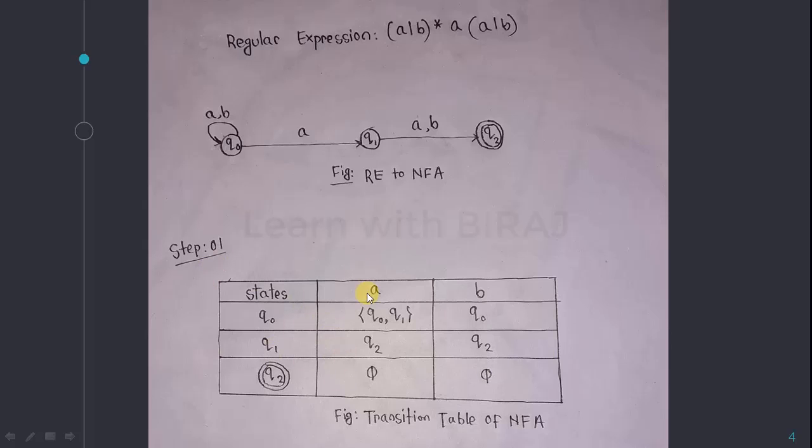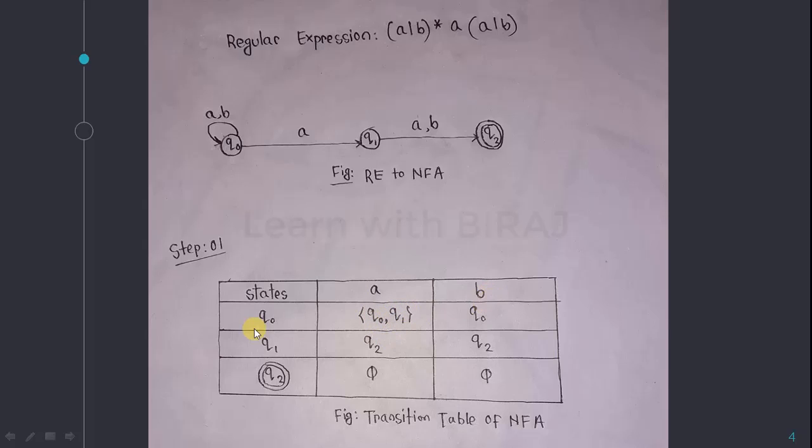Here we show the transition table of the NFA. In this first column, all are states. Here A and B are inputs. From this diagram, we can see that Q0 state with A input goes to itself, and with A it goes to Q1, and here we write Q0 and Q1.